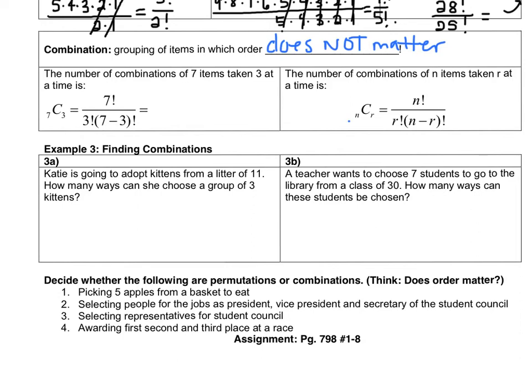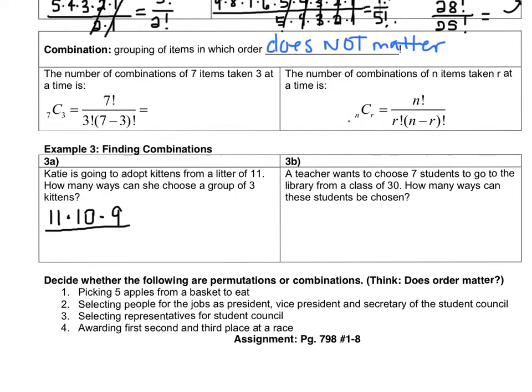Katie is adopting kittens from a litter of 11. So she is going to have 11 kittens to choose from first, and then 10, and then 9. So for this problem, we're not going to stop there. We have to eliminate the fact that it doesn't matter the order she chooses those 3.